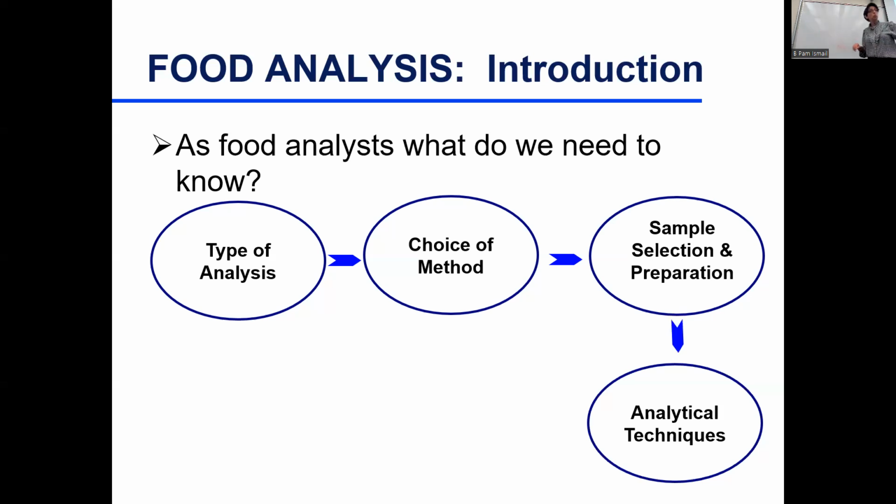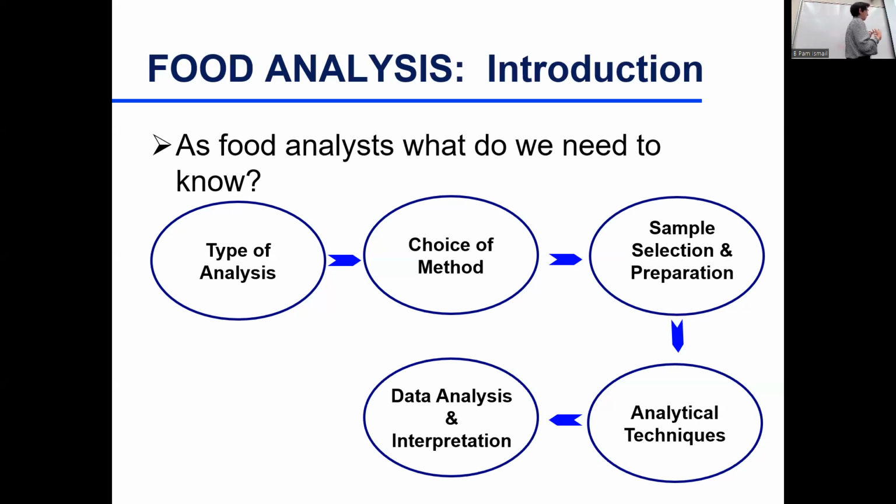We are going to learn chromatography, spectroscopy, spectrometry, atomic absorption, so many different analytical techniques that allow us to run the analysis and produce the data. And then in chapter 4, we're going to talk about data analysis and interpretation.